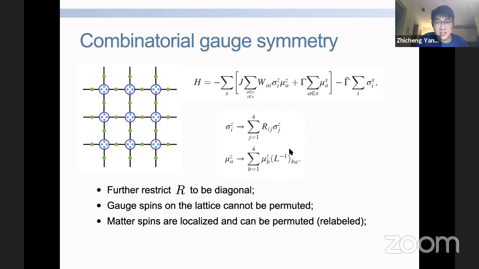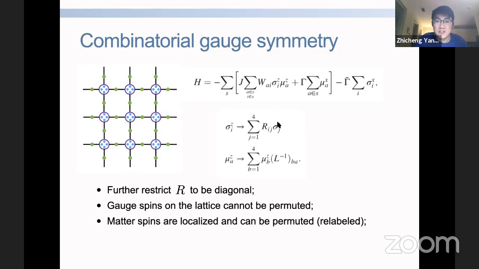But the L monomial matrices act on the matter spins, which I can permute and flip, precisely because the matter spins are not coupled between adjacent sites, so they're really independent of one another. So here, of course, I can choose to label in whichever way I want: which one is 1, which one is 2, which one is 3. I can relabel them.